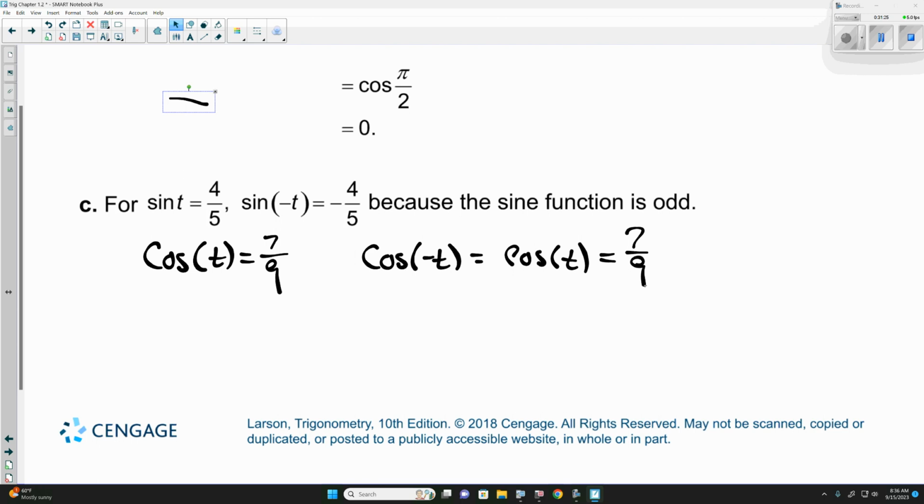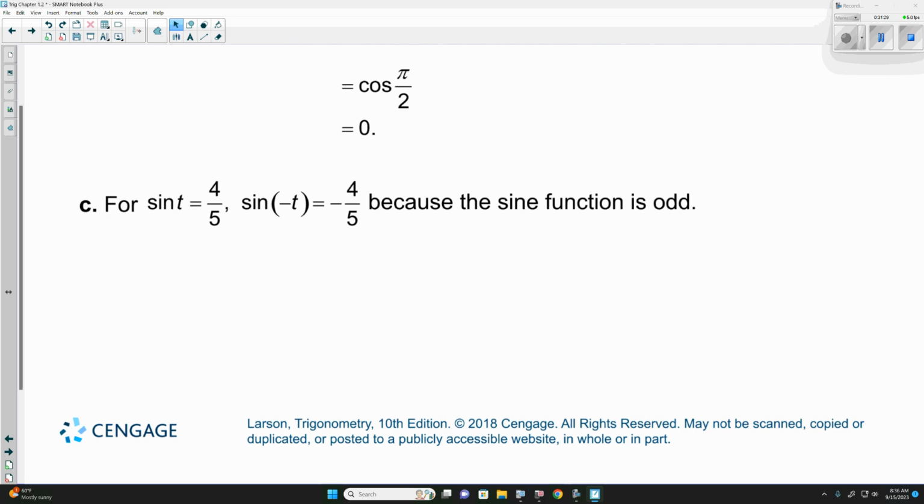Questions on this here? And I mean, we could do other things with it. Especially if we know that cosine of t is 3/5, and it asked us to find tangent of negative t. Well, tangent of negative t is the same as negative tangent of t.